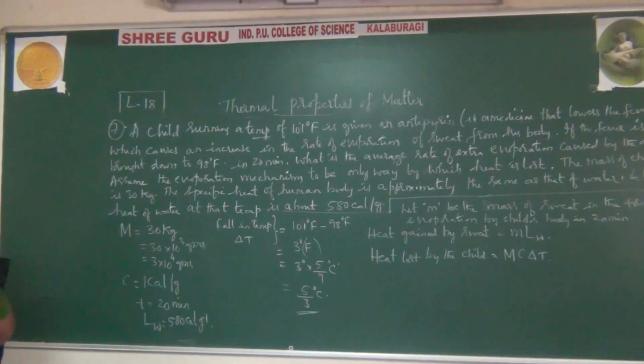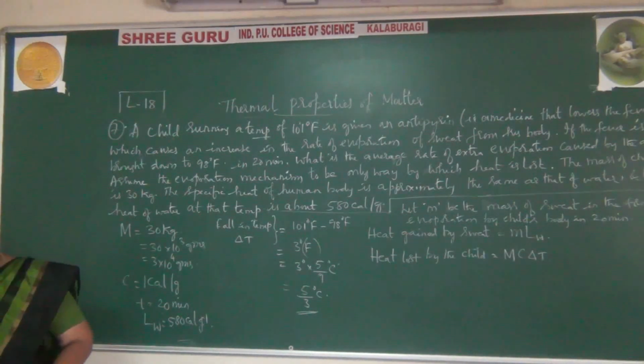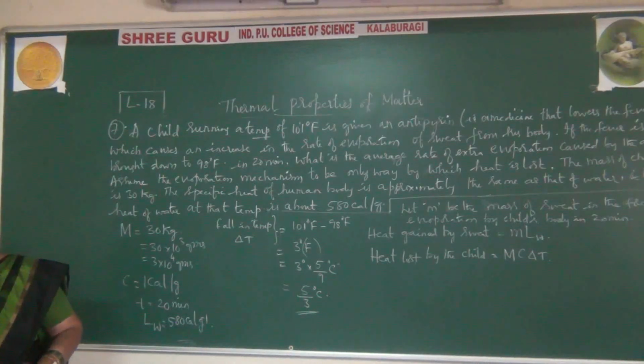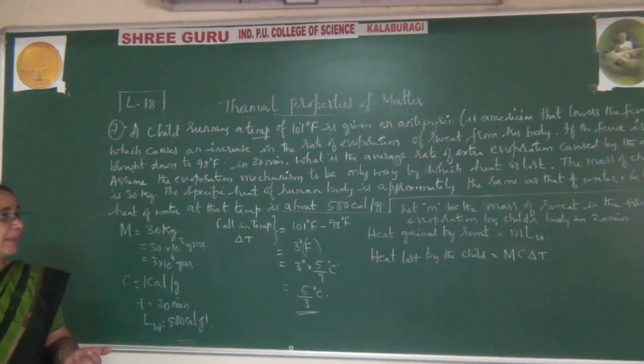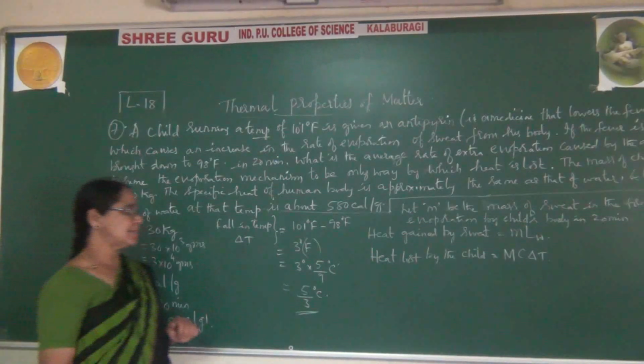Capital M is nothing but called the child's mass. So what is small m here? Because in the form of evaporation I said, I have written two different m's. One is capital M, another is small m.